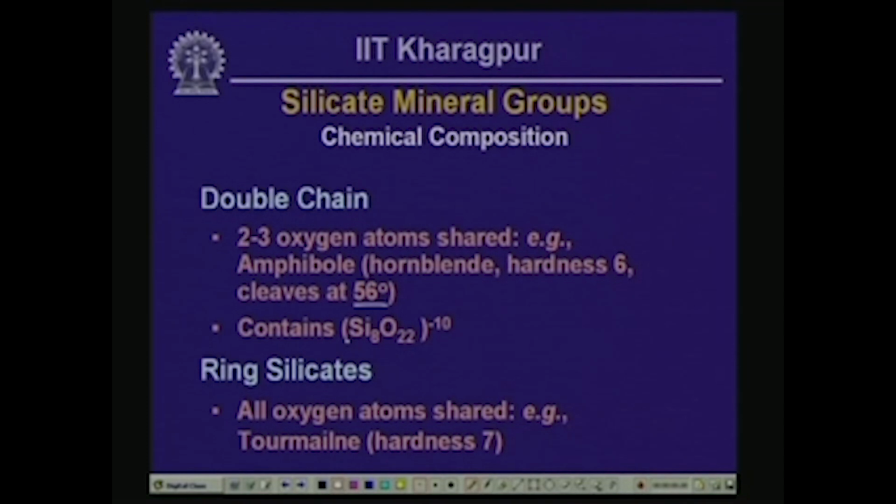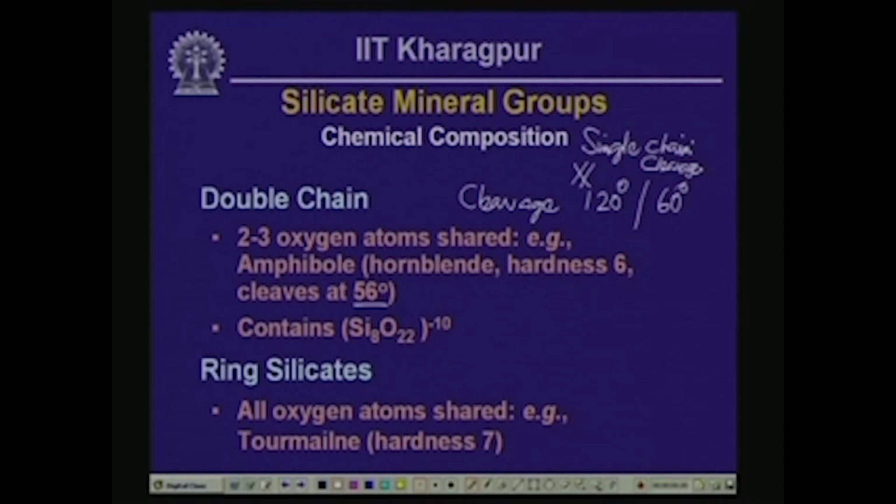Now, you should notice that the cleavage of double chain minerals is very similar to 120-degree or 60-degree, and this is in contrast with a single chain, which we discussed in the previous slide, where the cleavage is approximately 90-degree.